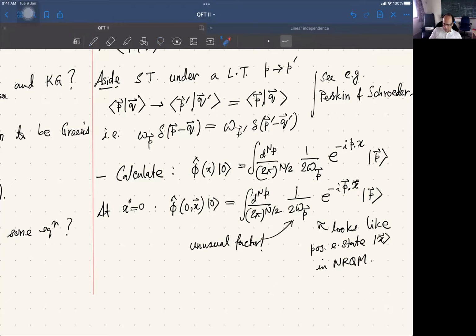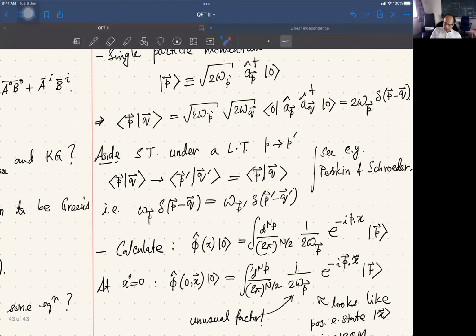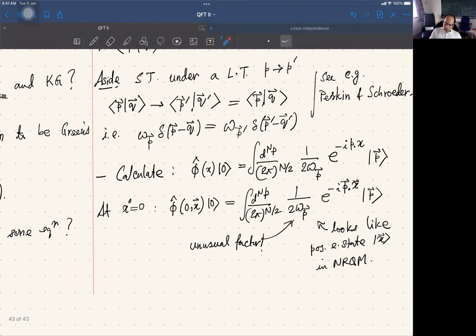The state itself is defined with this factor, and what one should actually look at is the inner product instead of this state.